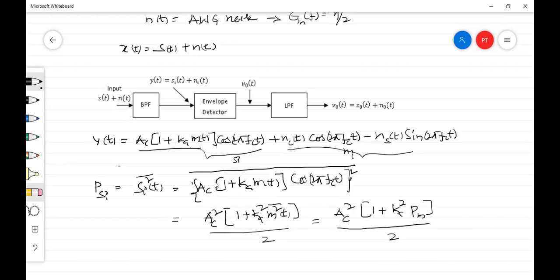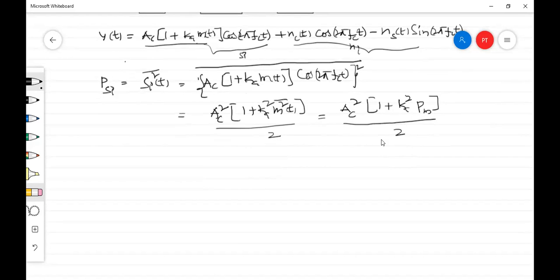And similarly, the second term is Ac square Ka square, because it's a constant, divided by 2 into the power of message signal m of t. So that's what is actually written here, after substituting the mean square value of m of t as P sub M, the power of the message signal or modulating signal. This is about input signal power.